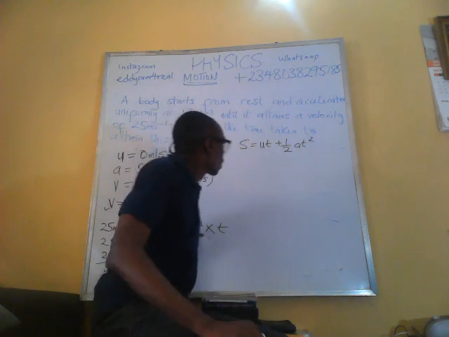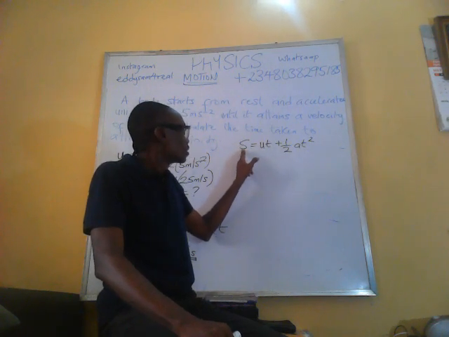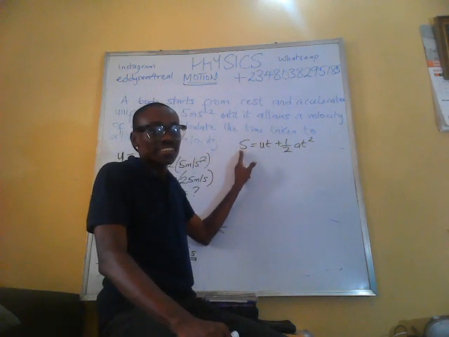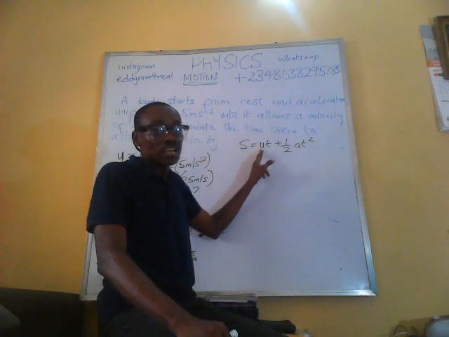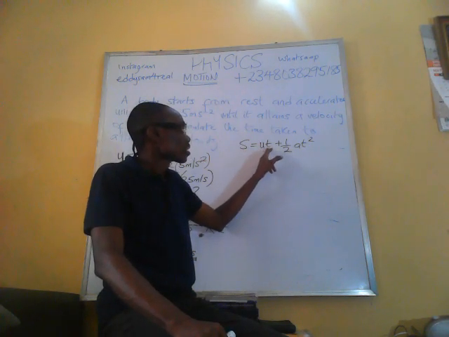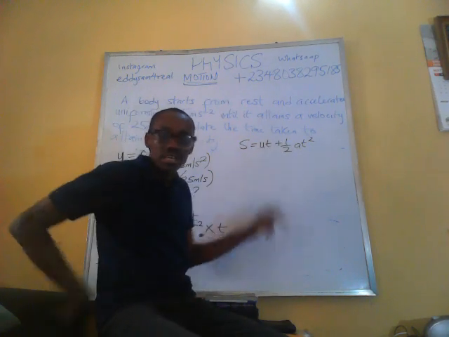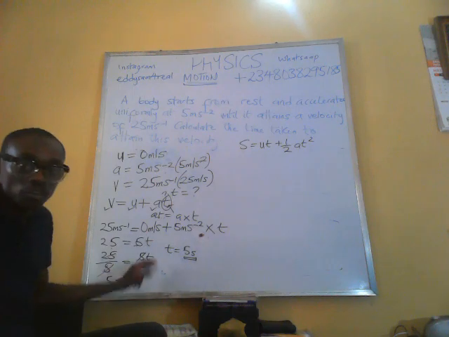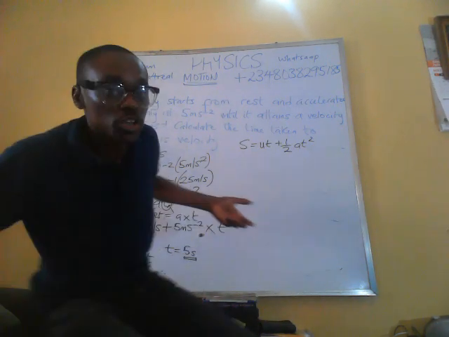This has distance in it, s. We were given initial velocity, and we were not given time, but we calculated time in the first part of the question. Time has been calculated as 5 seconds, so we can make use of it.